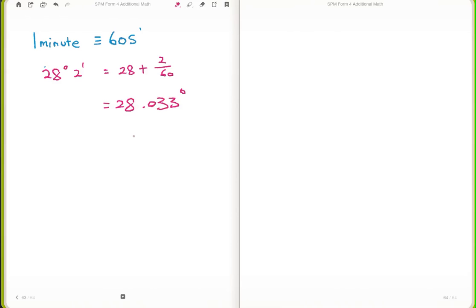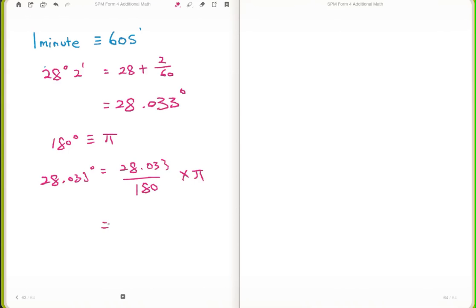The same is true if you want to convert it back into radian. So you just make use of 180 degree equals to pi. So therefore 28.033 degree would be equals to 28.033 over 180 times pi.